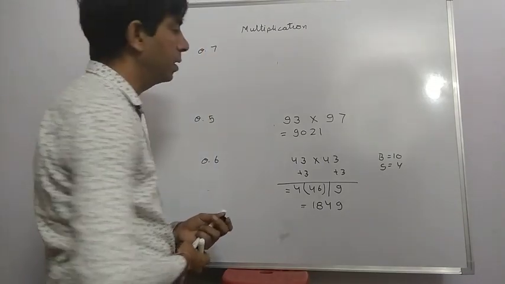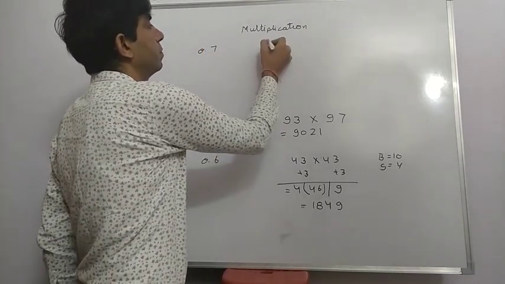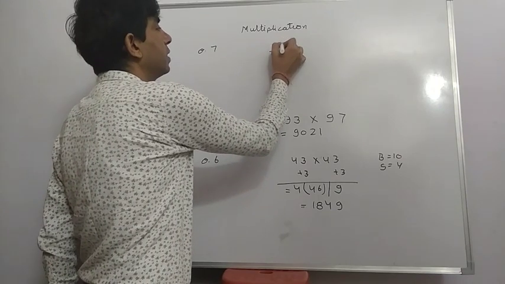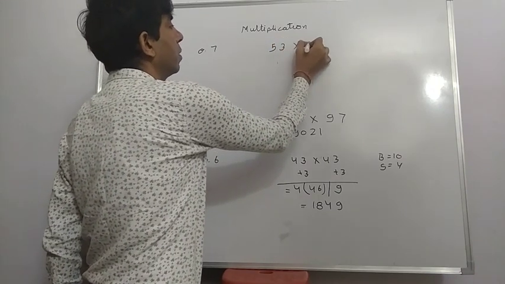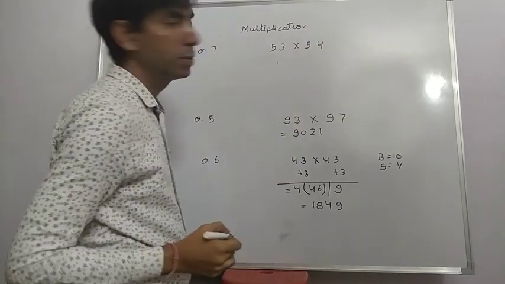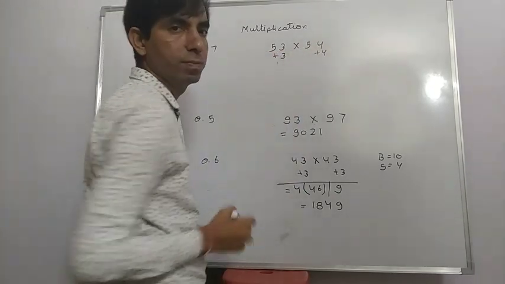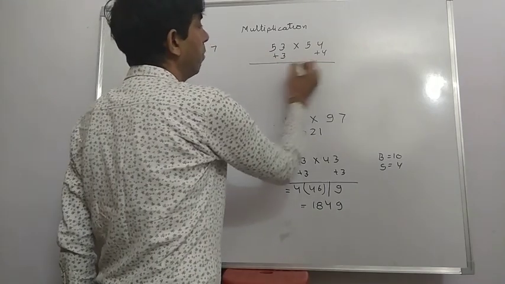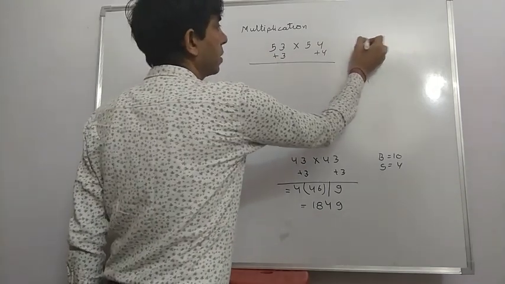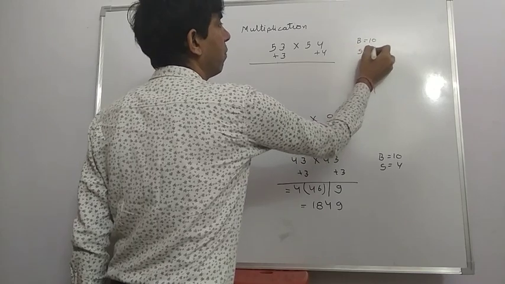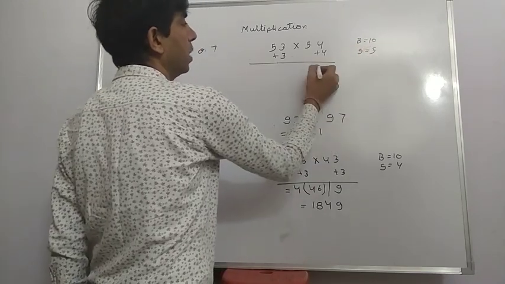Next, we multiply 53 multiply 54. Here the deviations are 3 and 4, the base is 10, and the subbase is 5. Then 4 times 3 are 12.